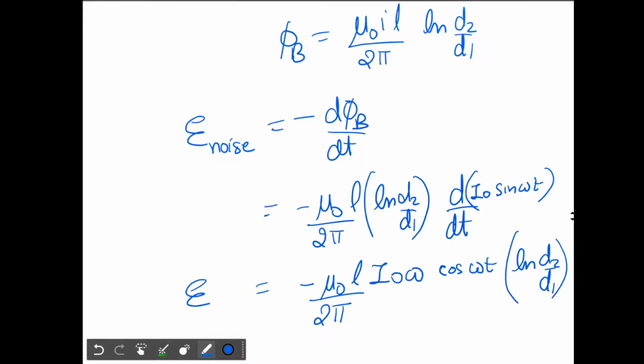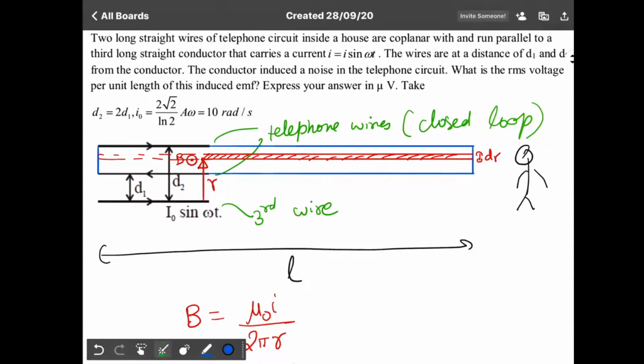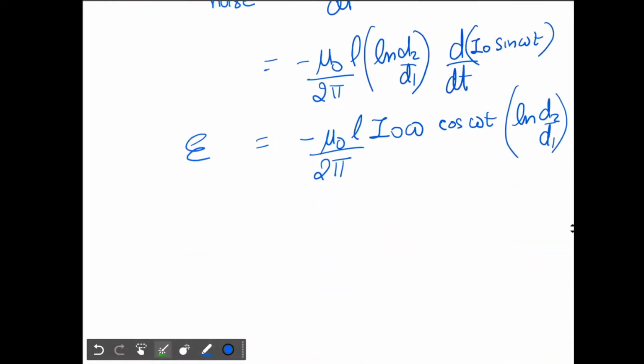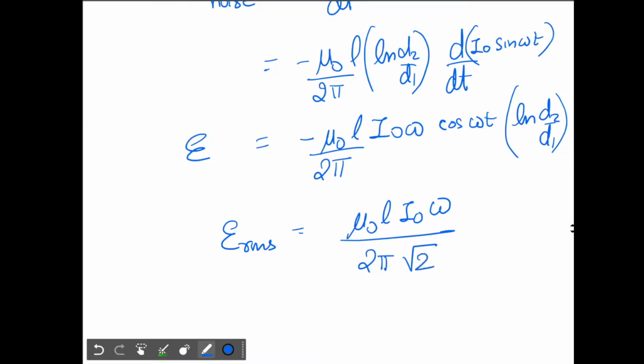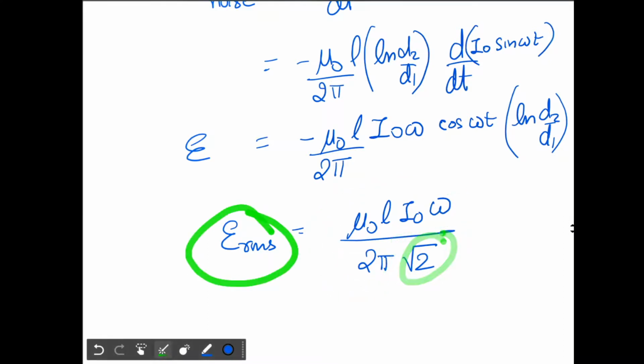The question is asking for RMS voltage per unit length. First I found the EMF, and this is the EMF amplitude. So E RMS will be mu naught L I naught omega by 2 pi root 2, since I divide by root 2 to obtain the RMS voltage.